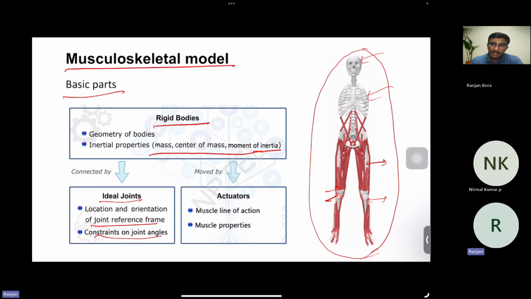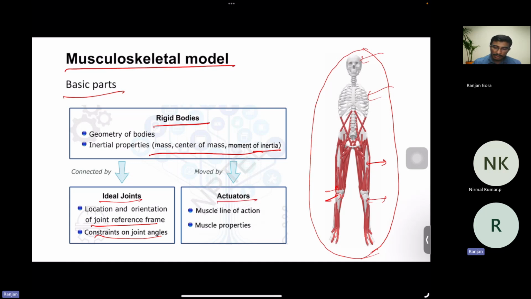we specify whatever the degrees of freedom are for that joint. Like the knee joint is a 6 degree of freedom joint, so in our model also we specify that number of degrees of freedom. For the hip joint, we use 3 degrees of freedom. Like that, we can model the whole body using rigid bodies, joints and actuators.